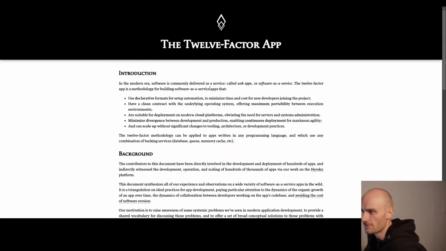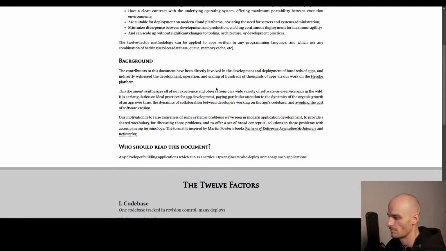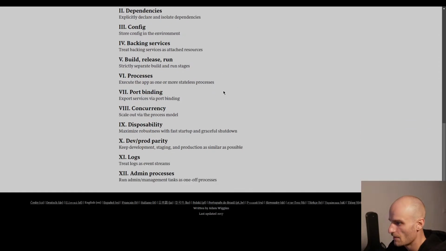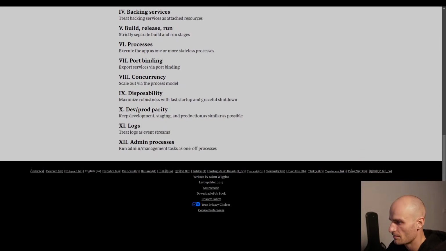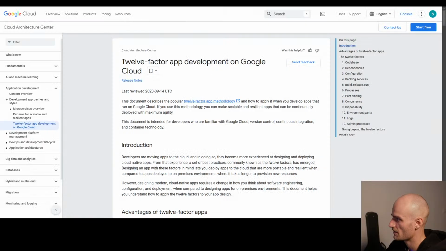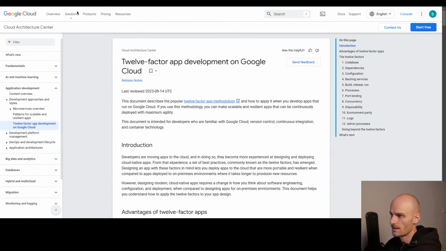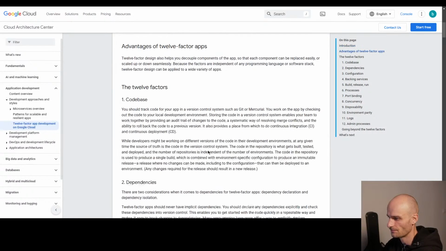So here we have some reference to this 12-factor app. Codebase, dependencies, config, build process. Okay. Nice. I like these references to best practices. And it's also in the architecture section.